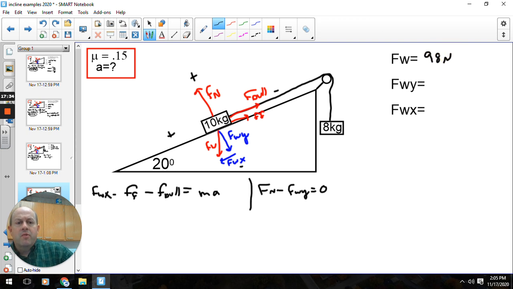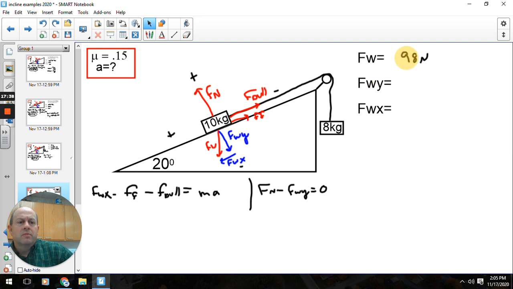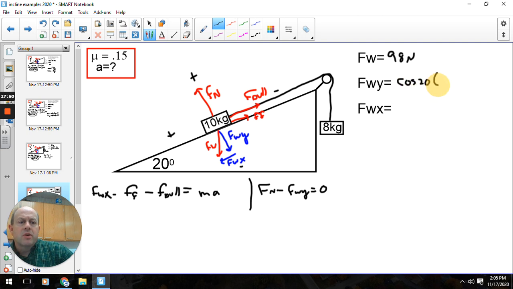This time our force weight Y is going to be sine 20, or I'm sorry, cosine 20. So cosine 20 times our 98. Okay, and that should give us a value of 92.1.